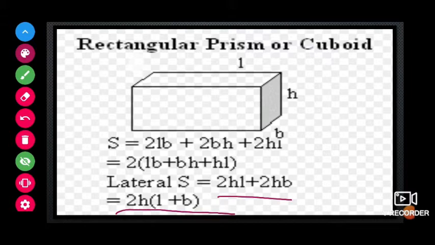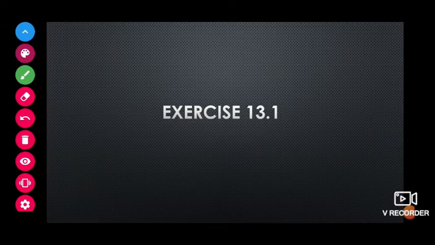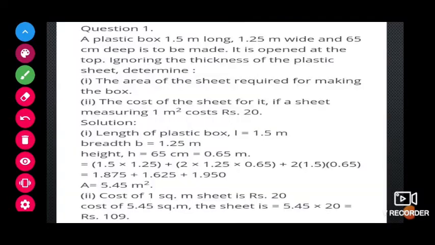Based on the given information, we have to apply this formula, removing either top and bottom, or two sides, meaning the left side and right side. Next, children, exercise 13.1 we will see.